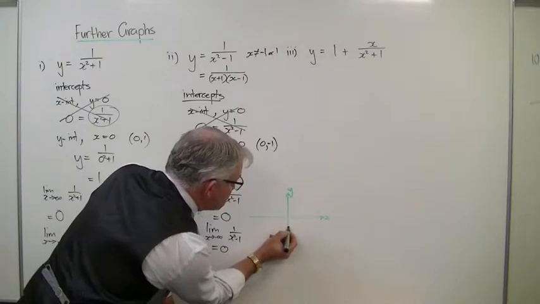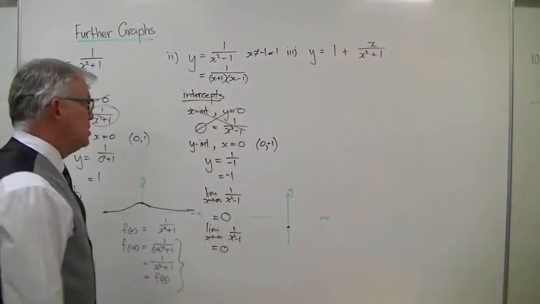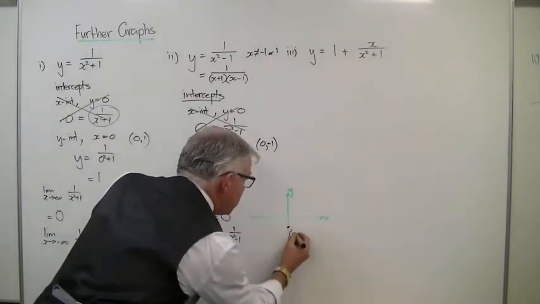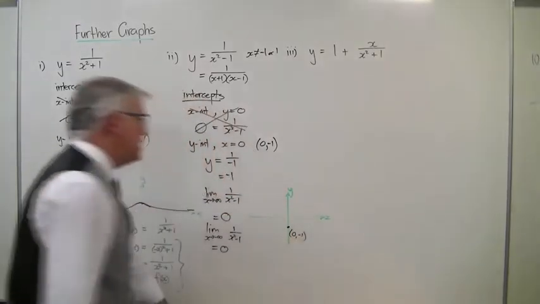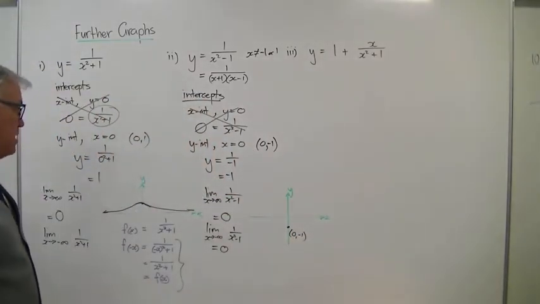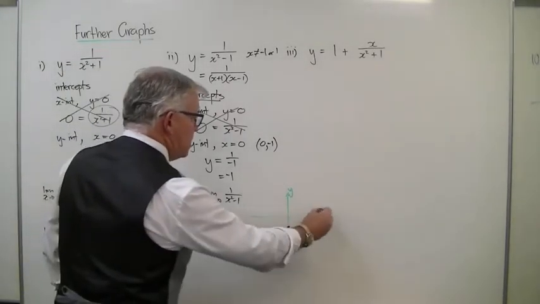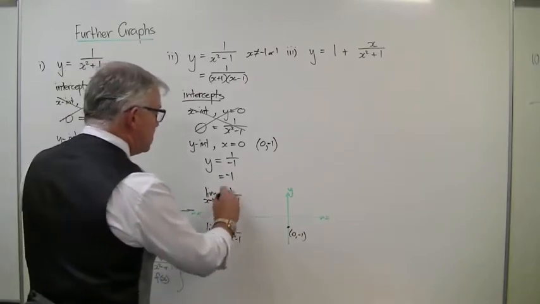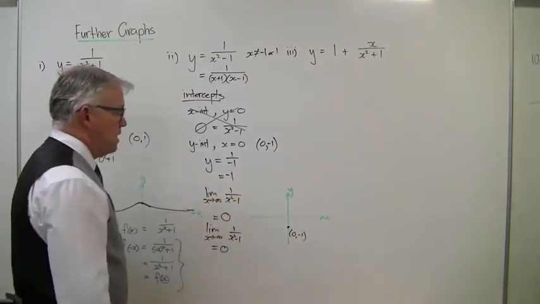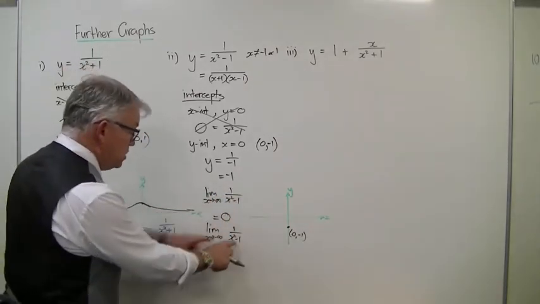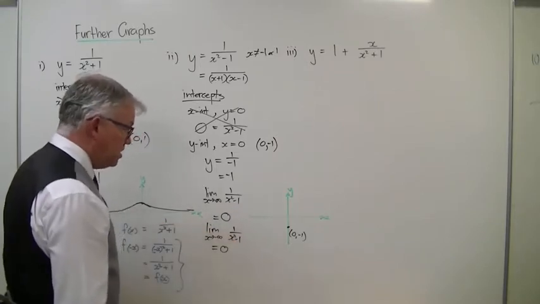So it crosses at the point 0, minus 1. So let's put that important piece of information there. That's an intercept, the y-intercept. And now as we have larger and larger values, what we'll find is that it's approaching 0 as x gets larger and larger.